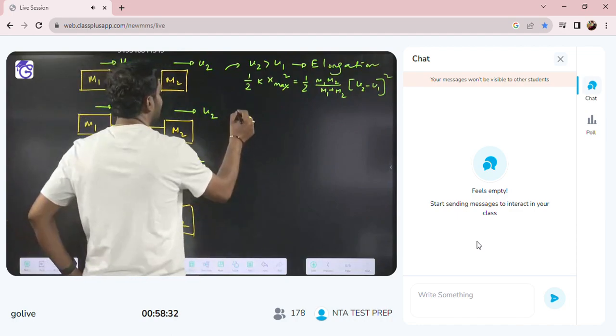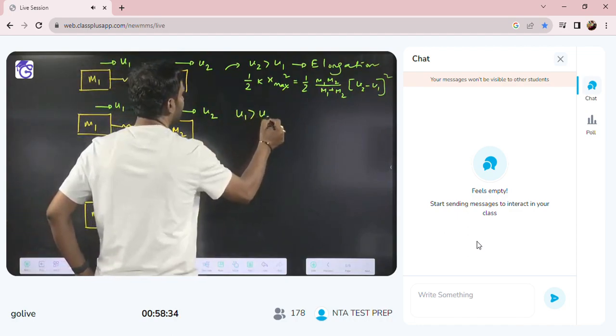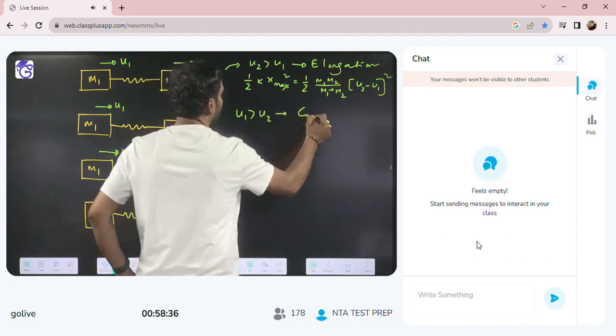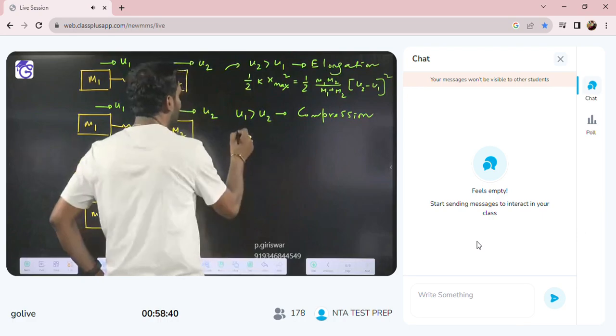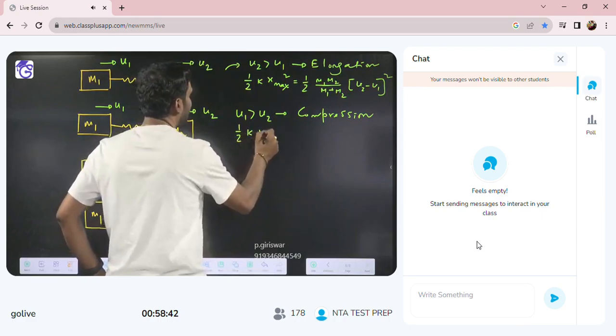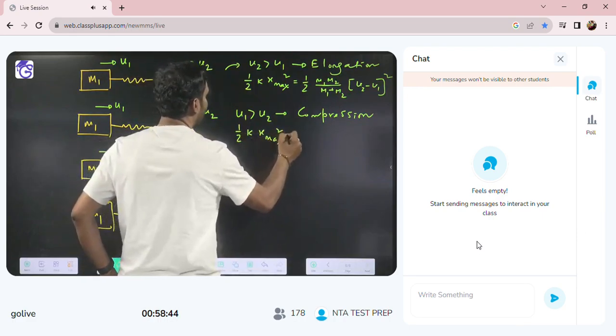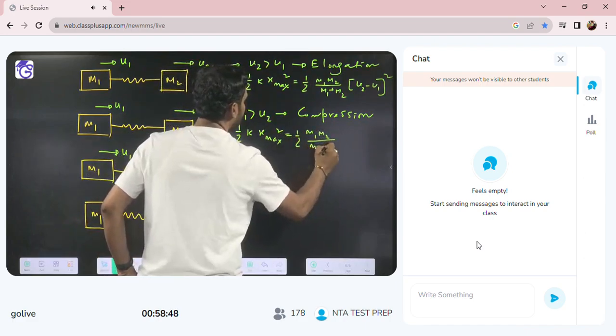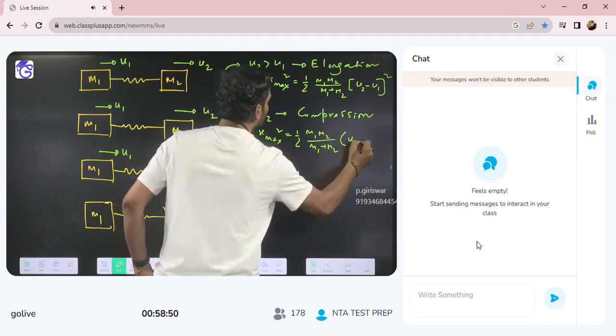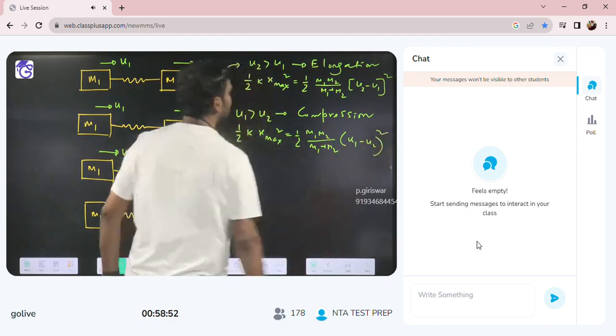Second case, if u1 is greater than u2, then what will happen? Compression. The formula remains the same: half k x max square is equal to half m1 m2 by m1 plus m2 into u1 minus u2 square.